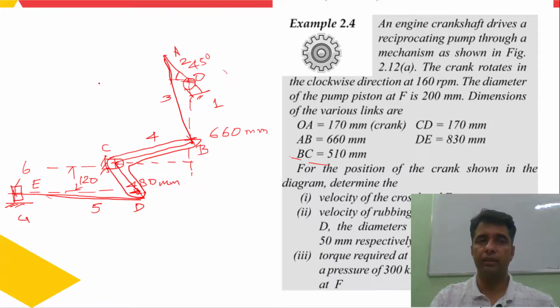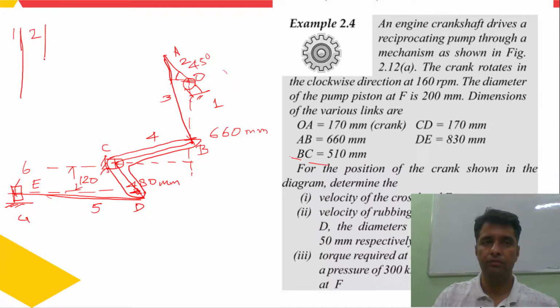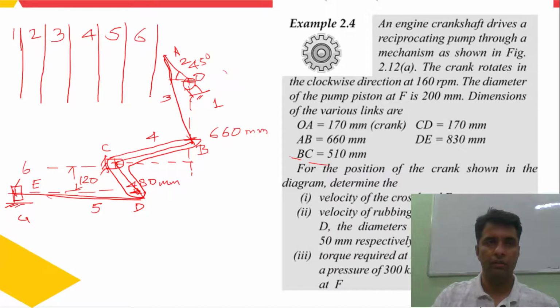So there are 15 instantaneous centers. What are those centers? We can use the bookkeeping method to label them. 1, 2, 3, 4, 5 and 6.